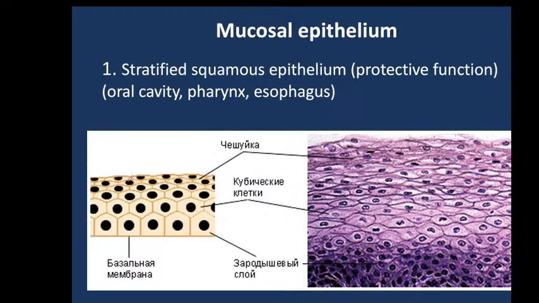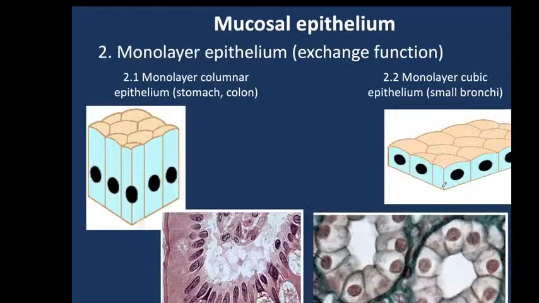We could find different cells and different epithelium on the surface of mucosa. It would be stratified squamous epithelium, like here in oral cavity.